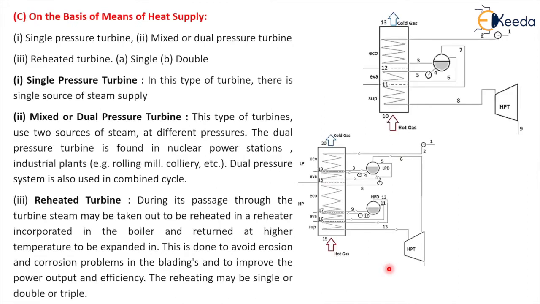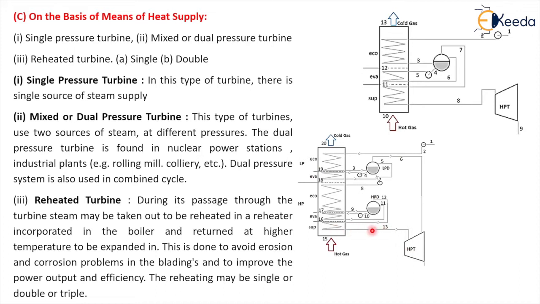On the basis of means of heat supply, there are three types of turbine. Single pressure turbine. You see here, this is the single pressure turbine. Most of the boiler power plants have a single pressure turbine. Mixed or dual pressure turbine. In this turbine, the turbine will take steam at two pressures.